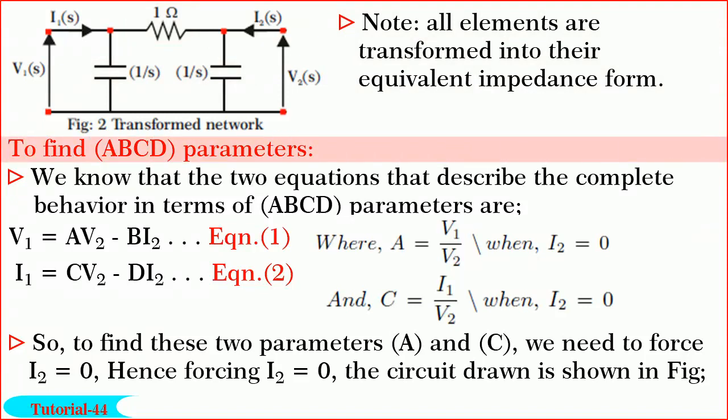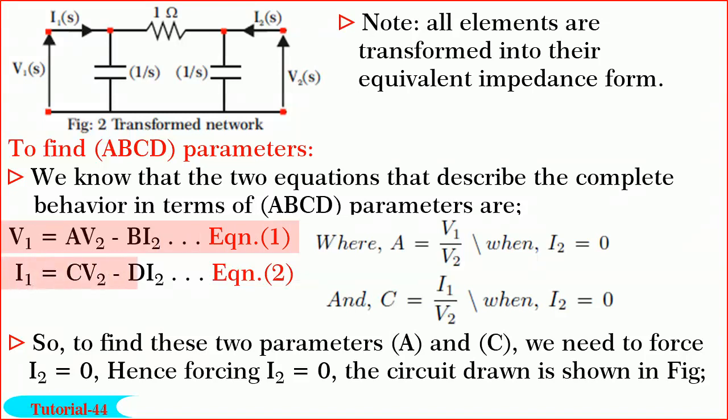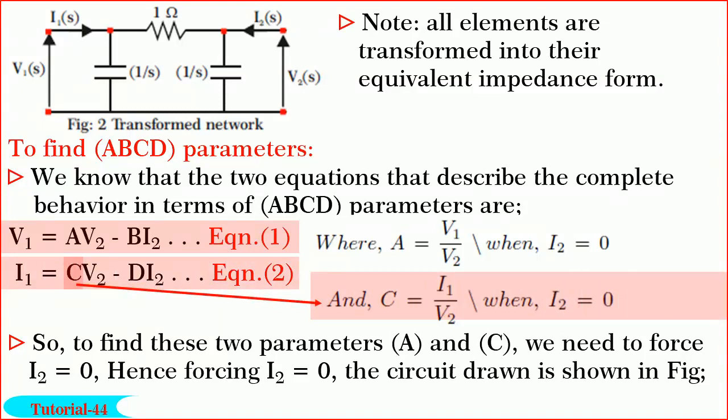Next, to find ABCD parameters, we know that the two equations that describe the complete behavior of the network in terms of ABCD parameters are V1 is equal to AV2 minus BI2, let it be equation 1, and I1 is equal to CV2 minus DI2, let it be equation 2, where A is equal to V1 divided by V2 when I2 is equal to 0 and C is equal to I1 divided by V2 when I2 is equal to 0.